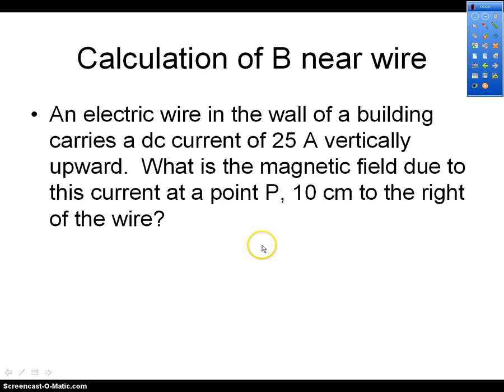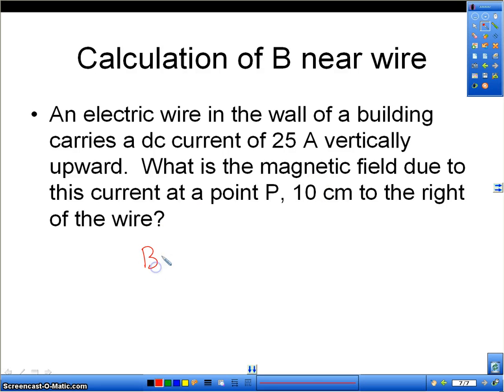Okay, so there's a couple of problems. I'm just going to do kind of quickly. The magnetic field around a DC current of 25 amps, so that's going to be mu naught times 25 amps, because it's mu naught I over 2 pi R. That's my current, my magnetic field.